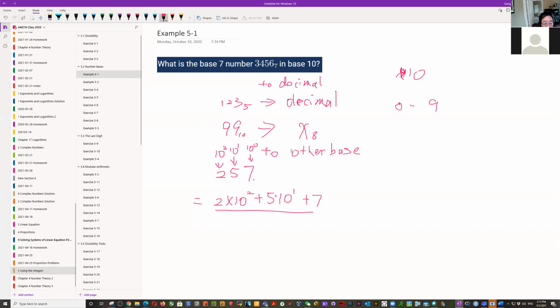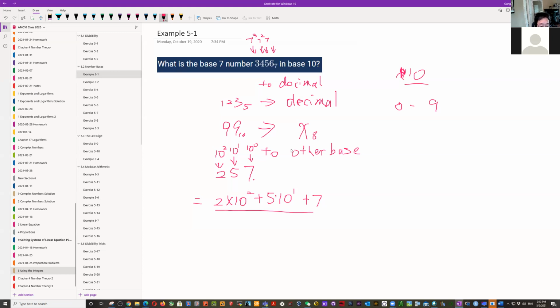In a base 7 number, here we have the ones; the next position is not tens, it's sevens; this is 7 squared; this is 7 cubed. In decimal, hundreds is 10 squared and thousands is 10 cubed. That is just for the convenience of normal communication, because the decimal system is used so much.